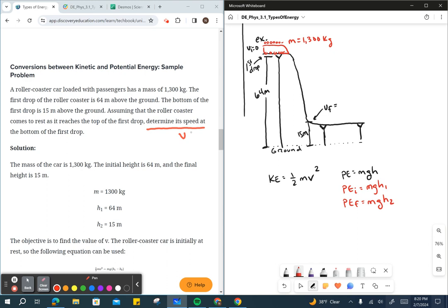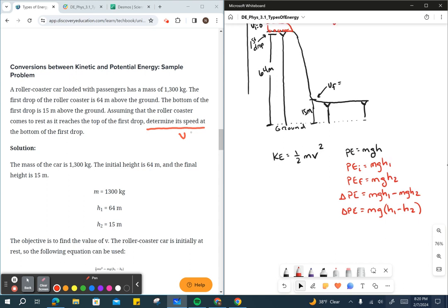Going off of that formula, the change in potential energy is the mass times the gravity times the height 1 minus the mass times the gravity times the height 2. Using the distribution principle, mass times gravity is pulled out, and we say h1 minus h2. Close that parentheses. And this is the change in potential energy.